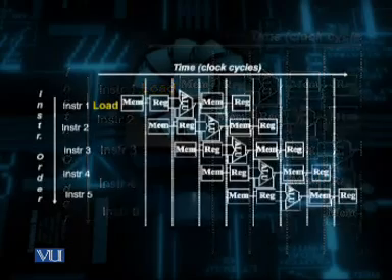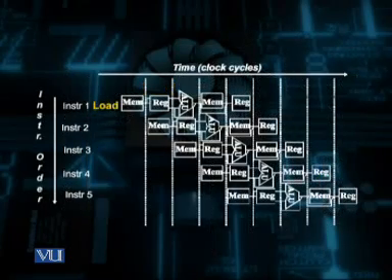However, as you can see from this diagram, the fourth instruction is also in the instruction fetch mode in the fourth clock cycle, when the first instruction is reading data from the memory.